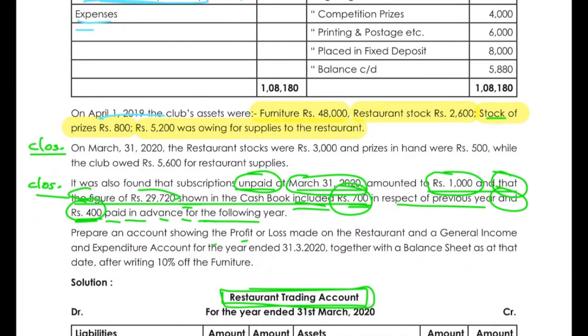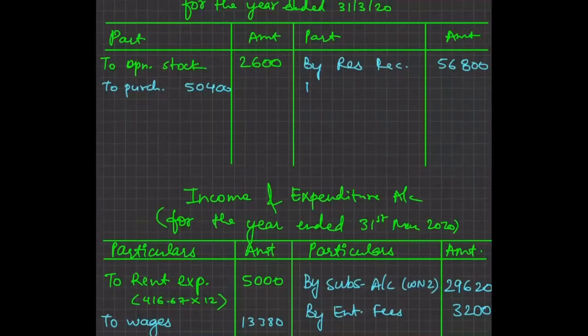It is given we are owing 5,600 for the suppliers in the closing, and in the opening I was owing 5,200. So obviously the closing outstanding will be added, that is 5,600, and the opening outstanding will be deducted, that is 5,200, because this does not belong to the current year purchases. So net purchases would come to be 50,800.